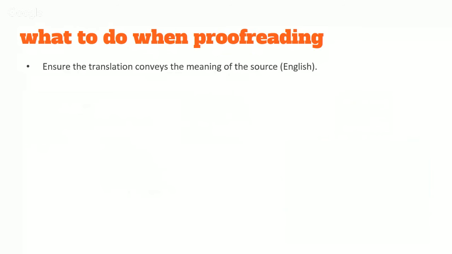So in some ways, editing and proofreading is more challenging than translation. The second thing, and this is probably in order of importance, is to make sure it is free of typos and grammar mistakes. That kind of goes without saying, and usually people dive right into that and forget number one, or a proofreader might assume the translator knew what they were talking about.